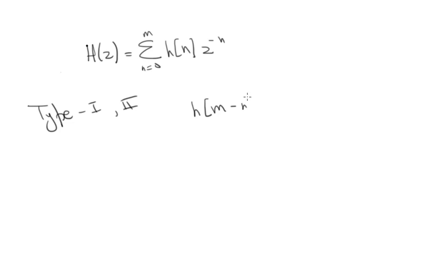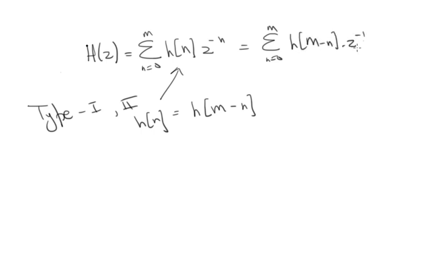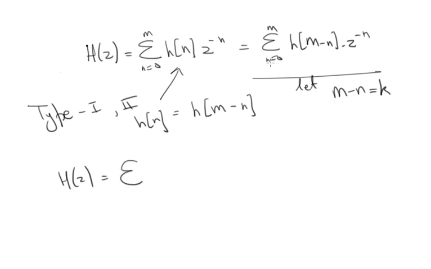That means your h of n is equal to h of m minus n. So if you put this h of n here, what you will get is n is equal to 0 to m, h of m minus n z raised to power minus n. Now if you let m minus n is equal to k, then this summation will become, when n is equal to 0, your k is equal to m.